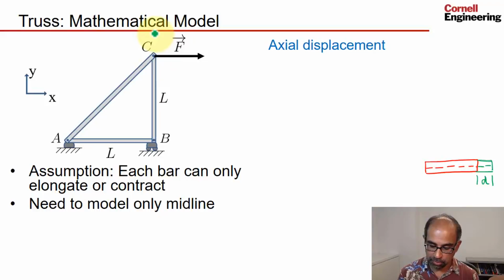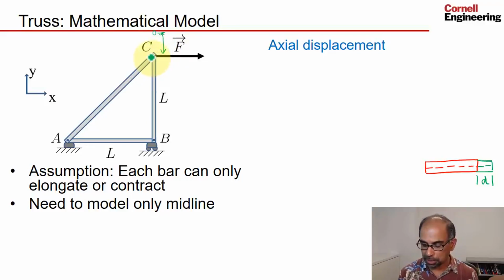Let's say this pin over here moves over here vertically, and that means that this bar will extend by something like that. Again, I'm exaggerating the displacement for the sake of clarity. Now, if this pin moves over here, it's also going to elongate this bar, and one has to take the component of that displacement in this direction to get that extension.